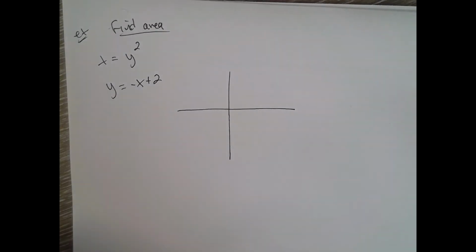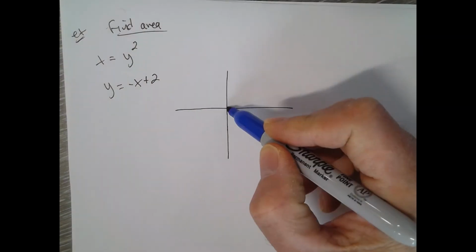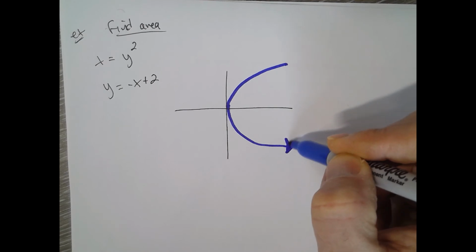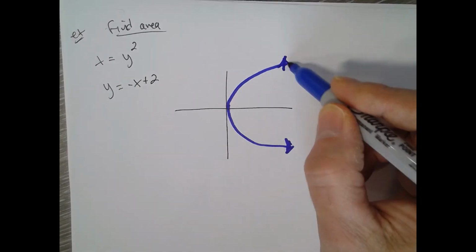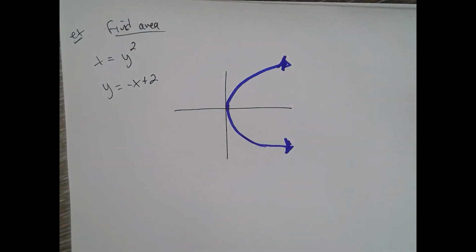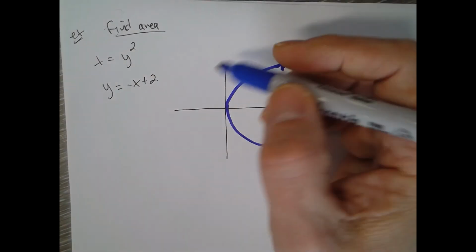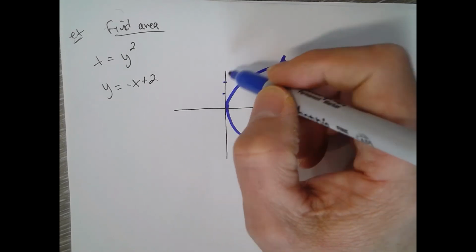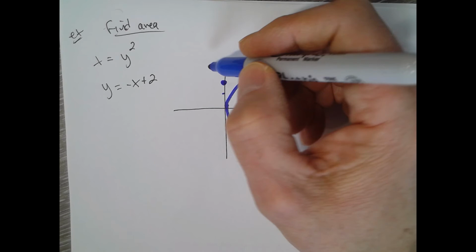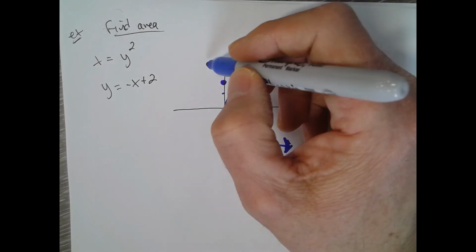So x equals y squared looks like that, because there's y equals square root of x, and there's y equals negative square root of x. Then the line, negative x plus 2, has a y-intercept of 2, right here, and it's going down until it eventually hits the parabola. That's the area we're looking for.